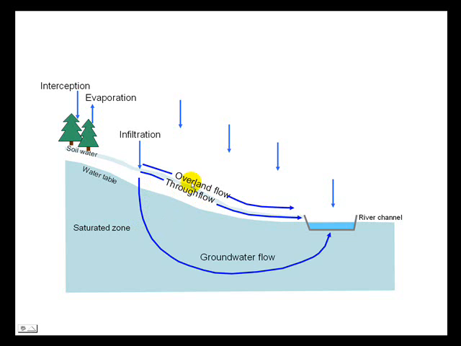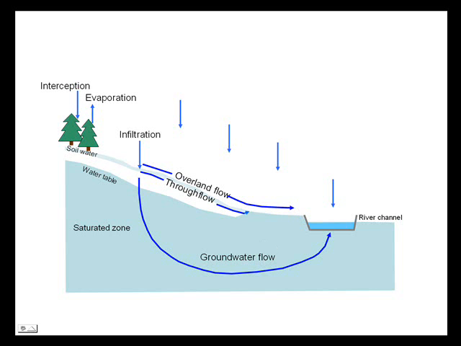So overland flow would be between sort of 30 and 500 metres in an hour. Throughflow is between about 5 and 30 centimetres in an hour. And groundwater flow rates can be as low as a few millimetres a day. So very different rates of flow.